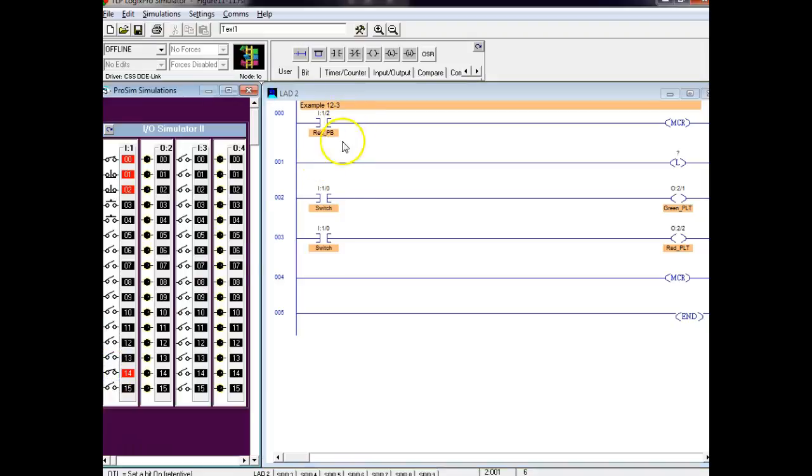Let's put it on 14. Which Q outputs are we using? Oh, we'll use 4. No. Huh? I thought we could use anything for latch relay.